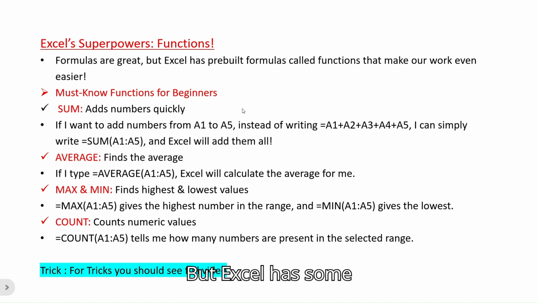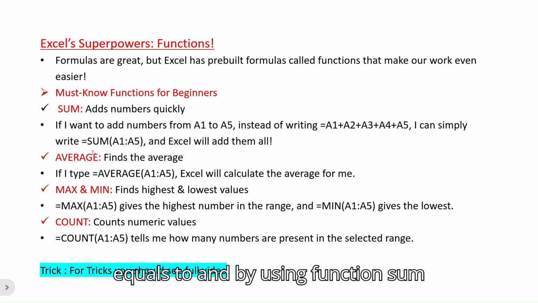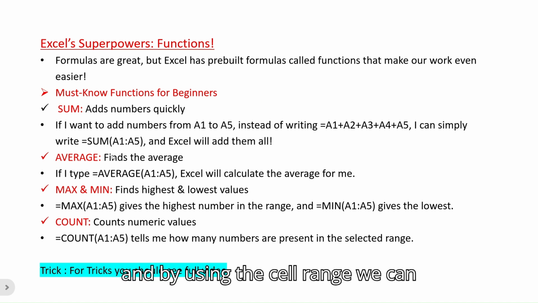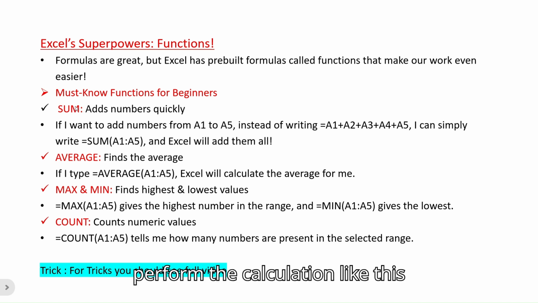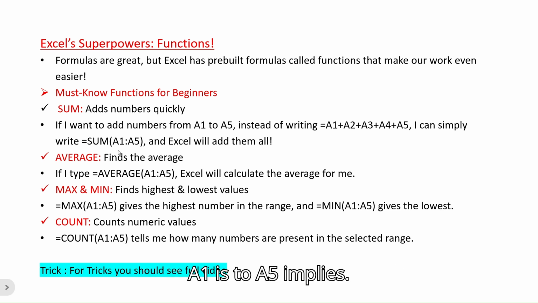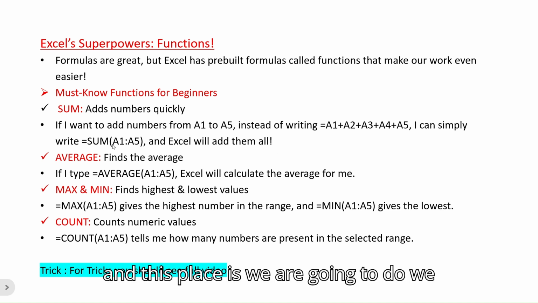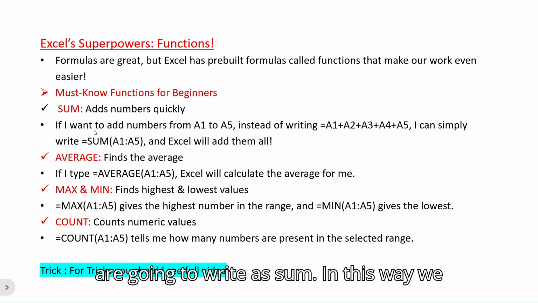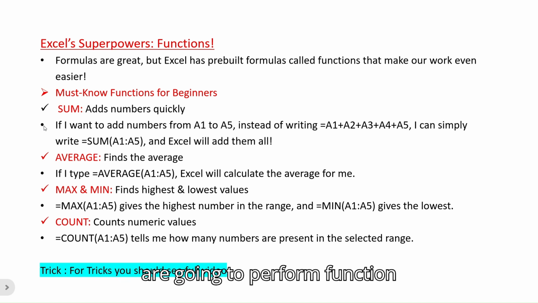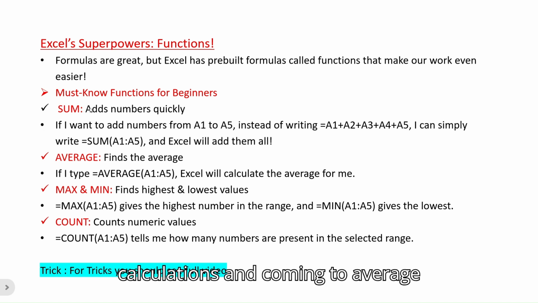But Excel has a superpower: we can write equals, use the function sum and use the cell range A1 to A5, which means A1 plus A2 plus A3 plus A4 plus A5. In this way, we perform function calculations.